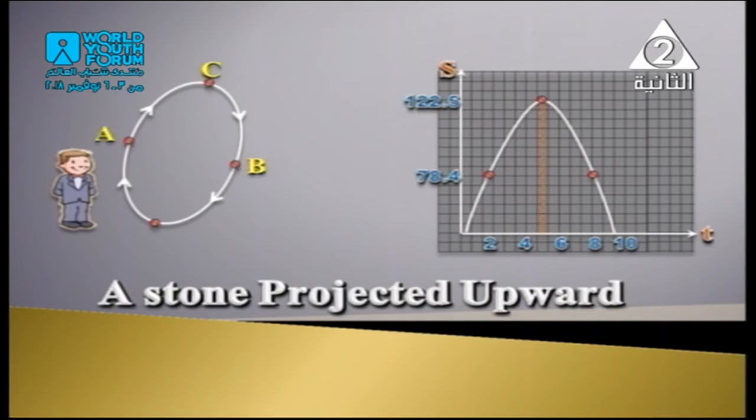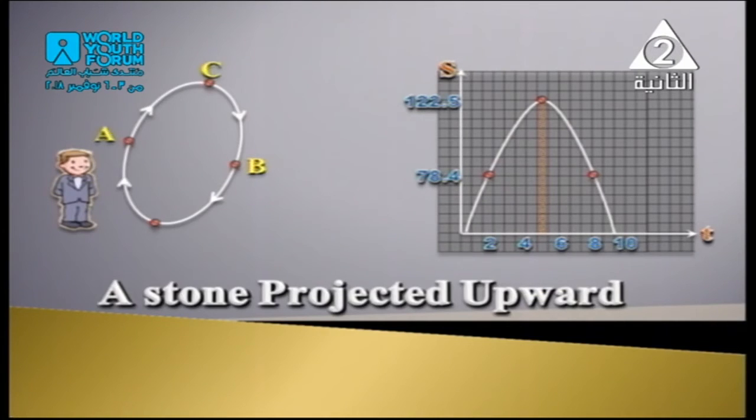When t equals 2, the distance is 78.4 going up. But when t equals 8, when the stone returns after 8 seconds, it reaches the distance 78.4 again. Then what do you mean? When t equals 8 and when t equals 2, it is the same distance.